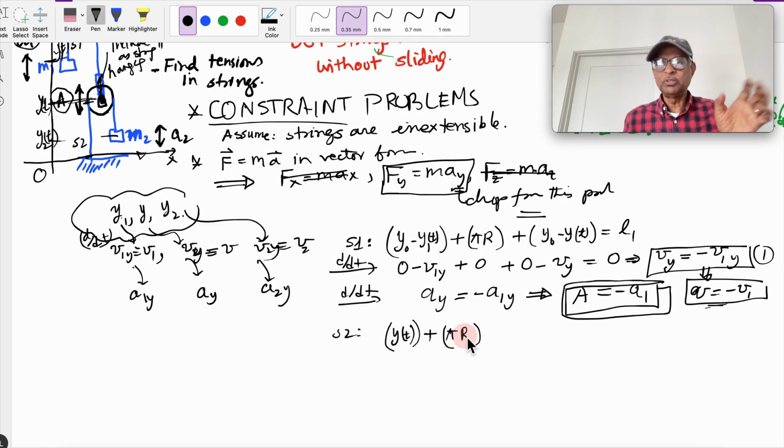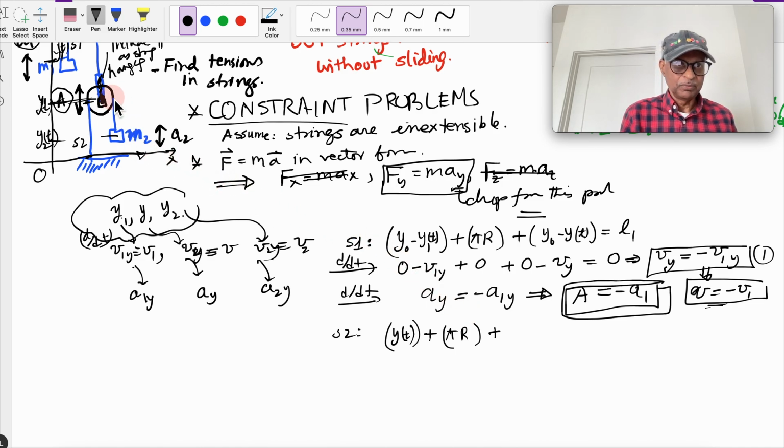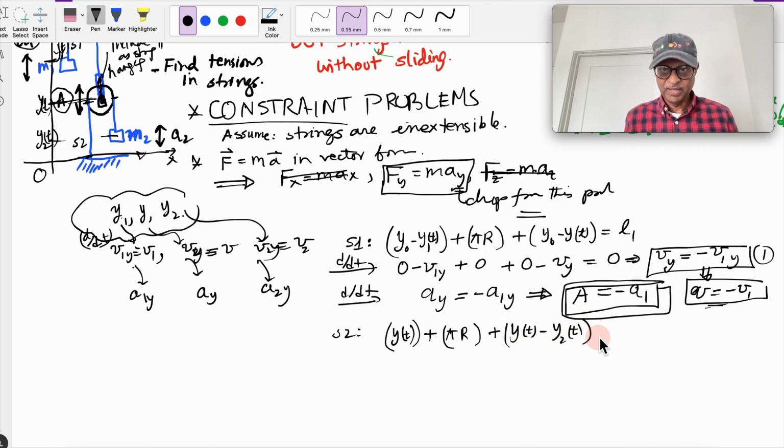We're going to take both of these pulleys the same for simplicity, because it doesn't make a difference anyway. And so all the way from here to here is going to be y minus y2, yt minus y2t.